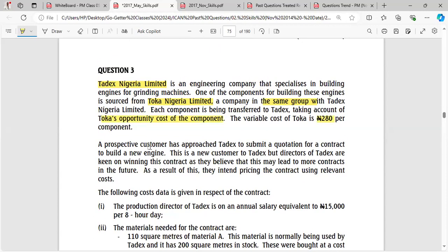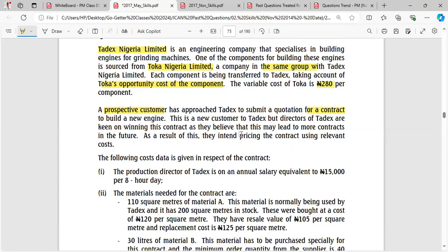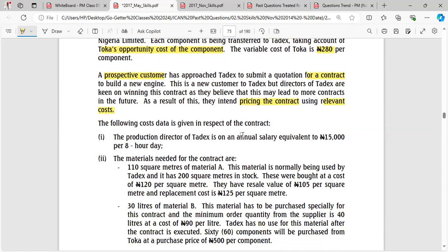A prospective customer has approached Tadex to submit a quotation for a contract to build a new engine. This is a new customer to Tadex, but directors of Tadex are keen on winning this contract as they believe that this may lead to more contracts in the future. As a result of this, they intend pricing the contract using relevant costs. The following cost data is given in respect of the contract.